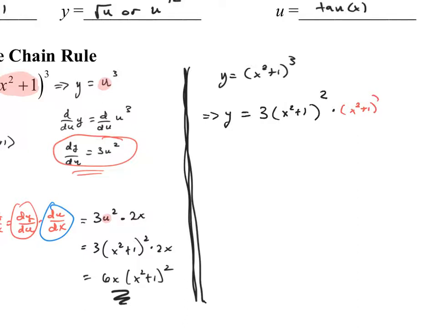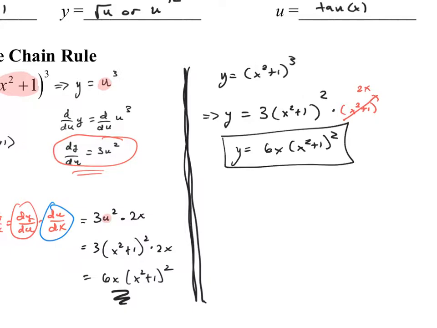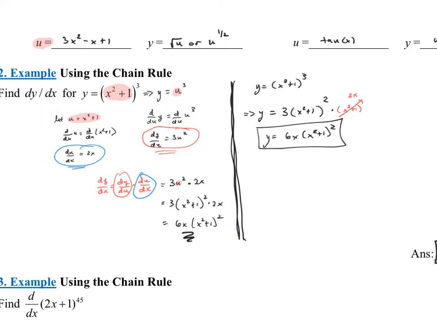Well, what's the derivative of x squared plus 1? X squared plus 1 is the inside. The derivative of x squared plus 1 is 2x. And that would tell me 3 times 2x would be 6x times x squared plus 1 quantity squared. So when you get good with the chain rule, you don't even need the u substitution. You use the fact that you know that dy du is the derivative of the outside.